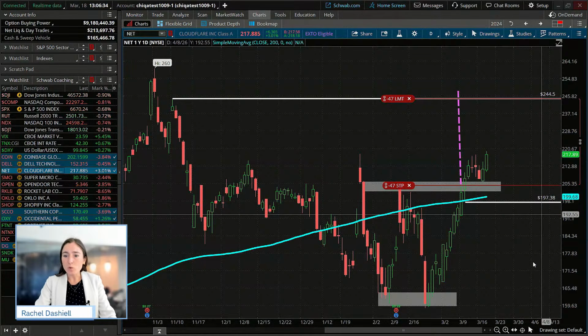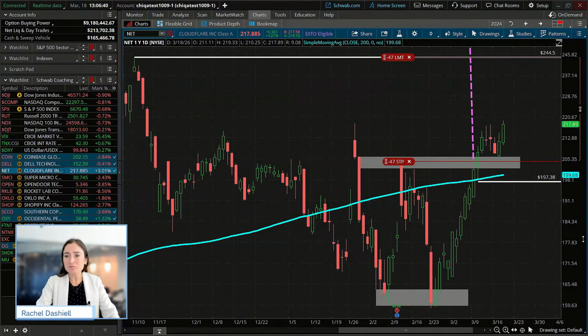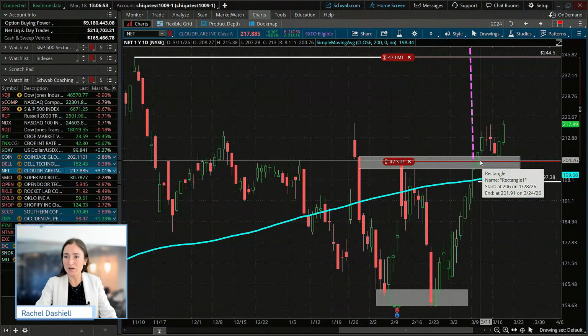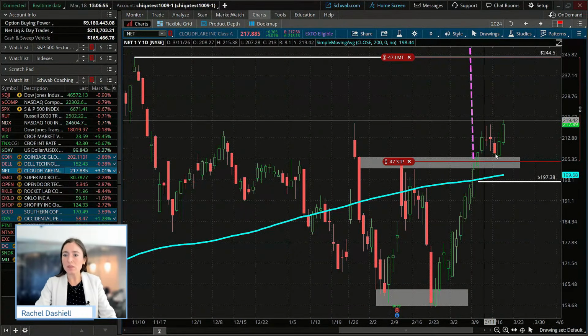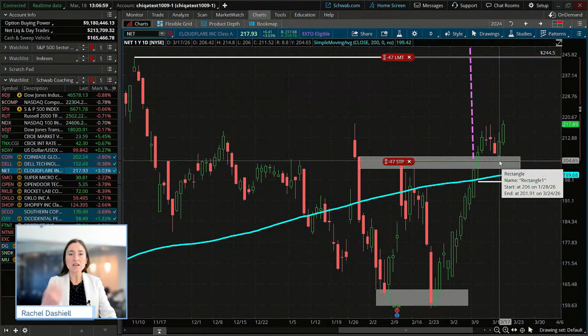Now, something notable about this one, which I think provides a good trading opportunity for us today, just looking at this from a technical perspective, we can see we had that breakout of that double bottom formation where this zone right around 204, 205 was. We had price really throw back to that support level, which a lot of times when price does break out, it may retest that support level.